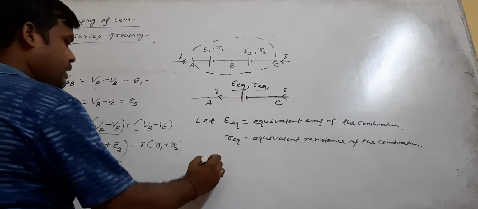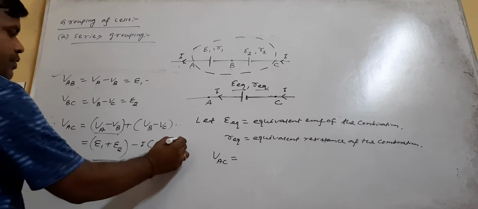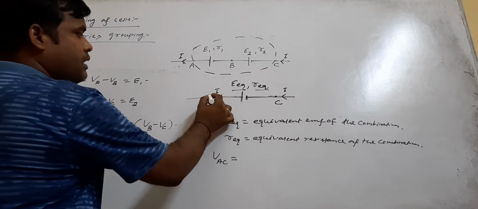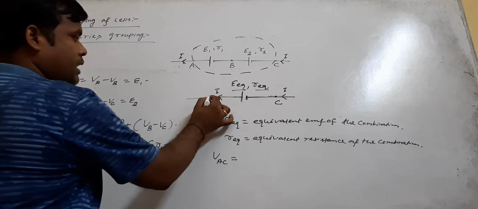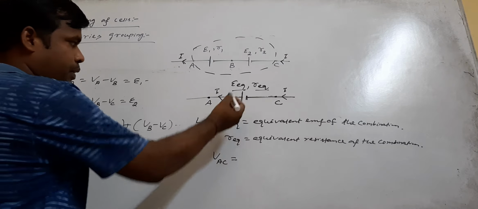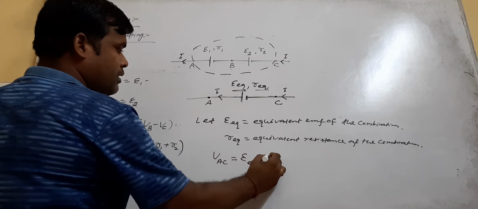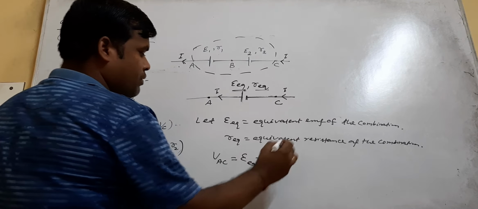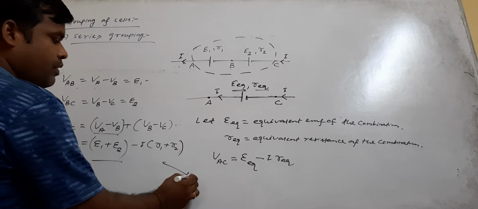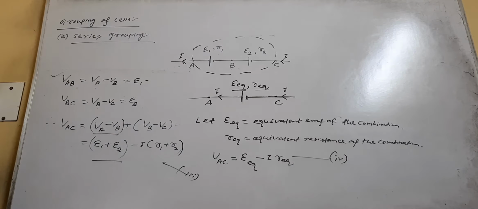Now you can write VAC, that is the potential difference between A and C. You apply the same formula. Here EMF is EEQ minus IREQ. It is your equation number 4.